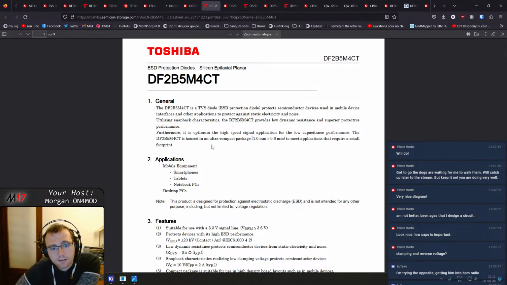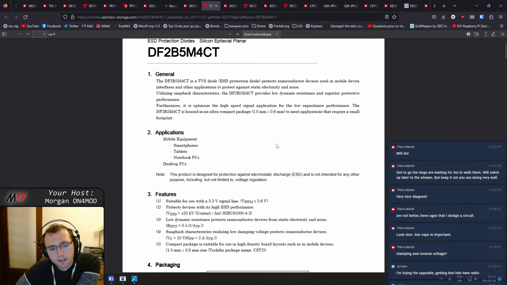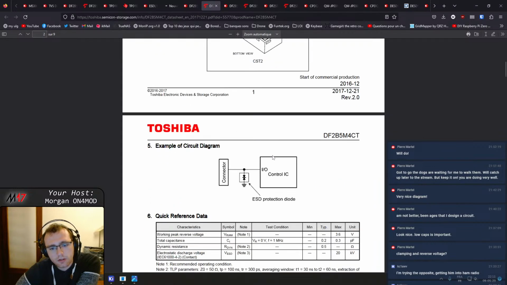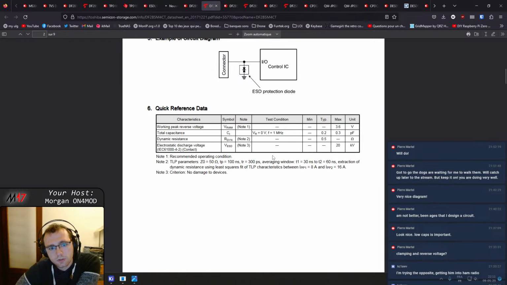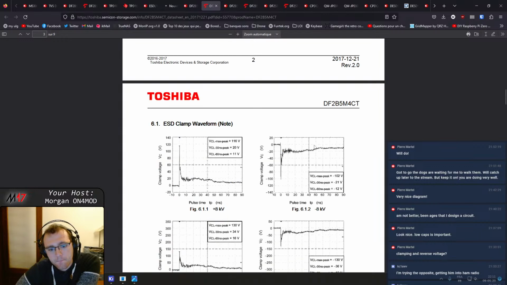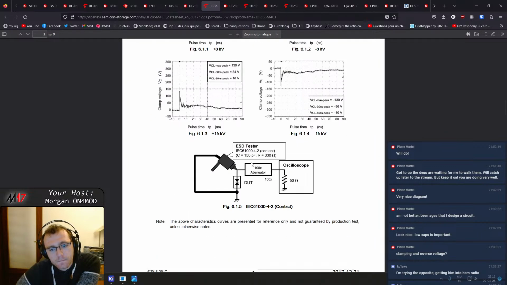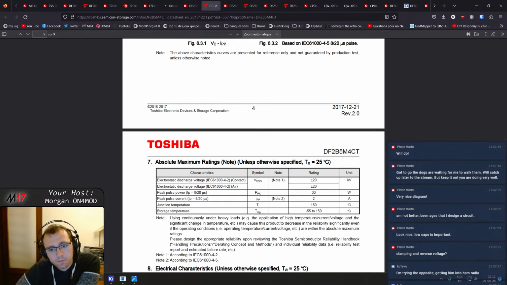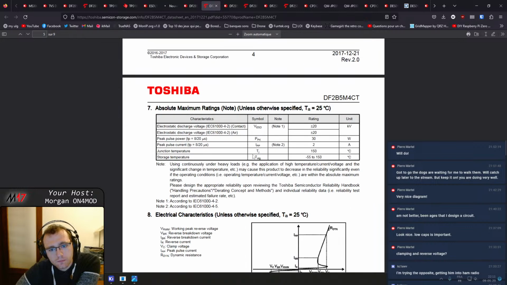Aha. 1 millimeter by 0.6 millimeter. I guess it's closer to a 0402 package. Oh, very high protection. 20 kV.